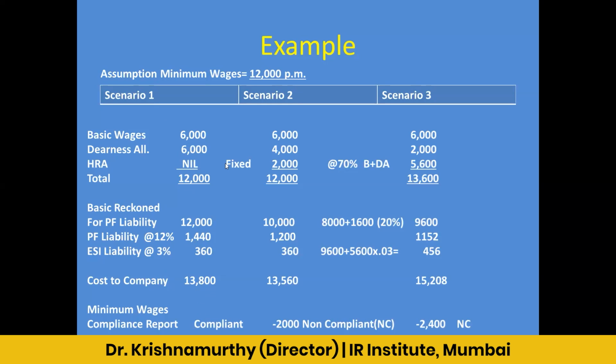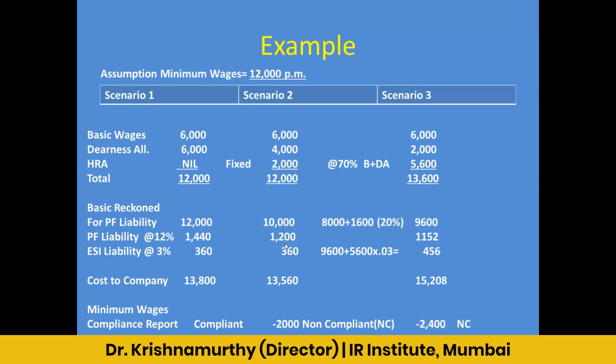Now let's look at this. Many companies were paying allowances. Let's say this company pays 6,000 rupees as basic wage, 4,000 as dearness allowance, and 2,000 as fixed HRA. Now this HRA is just a fixed HRA, and you are paying 12,000. So minimum was 12,000 in scenario 1. Now also it is 12,000. Is this compliant? Answer is no, because here basic wages will be 10,000.